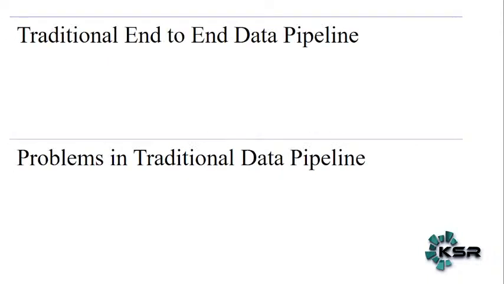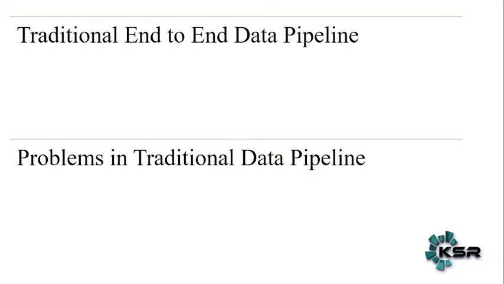I'll give an example of how exactly the pipeline works. After that, we will see what problems we have in this traditional pipeline. That is what we'll be following. Well, to start with, let us understand the pipeline first.